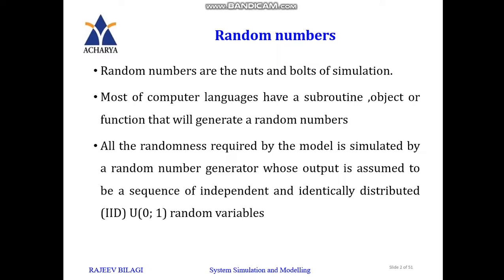One of the functions that you are aware of and have used in design and analysis of algorithms is the rand function, which is used to generate random numbers. You might remember that if you give n equal to 1000, it will generate a set of 1000 random numbers.